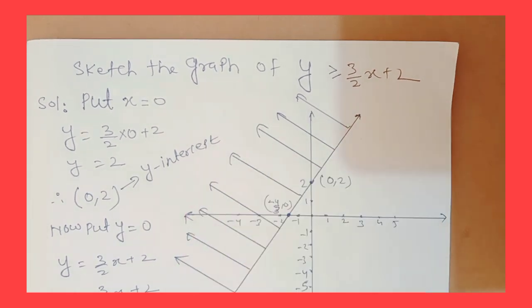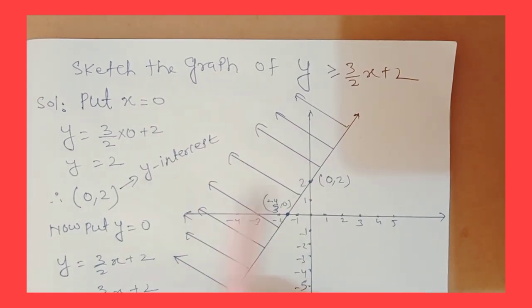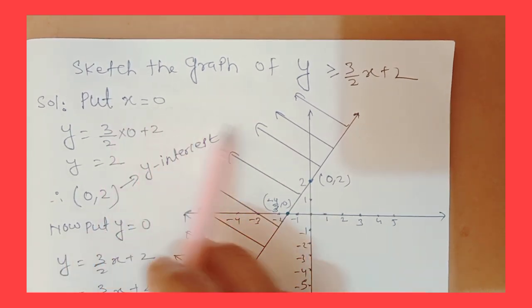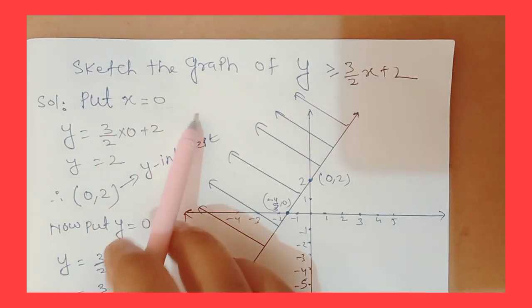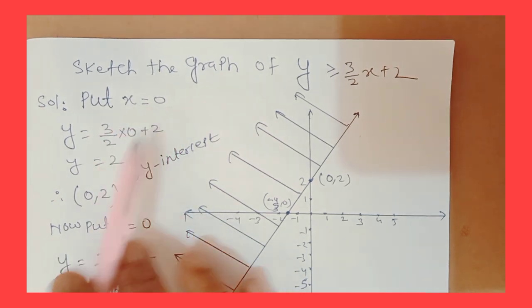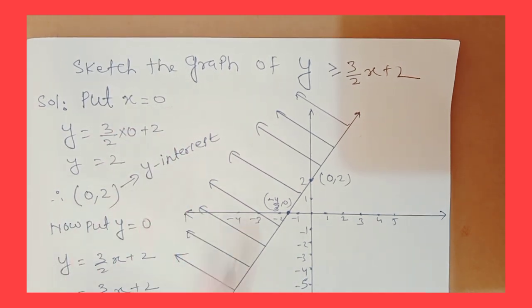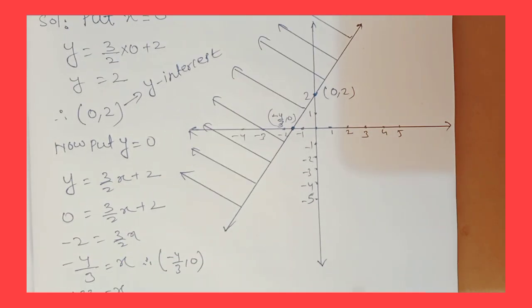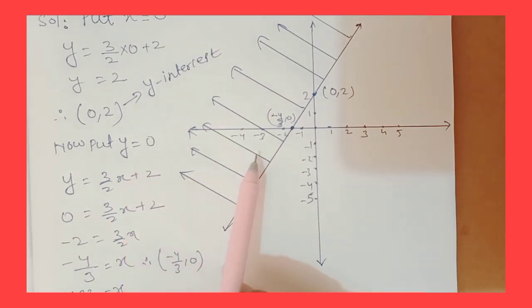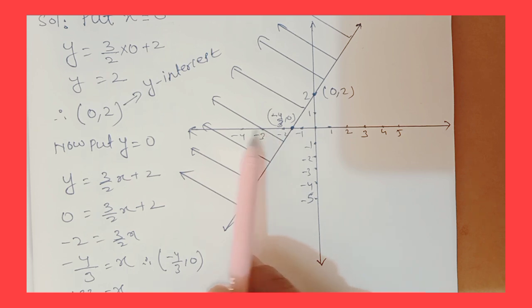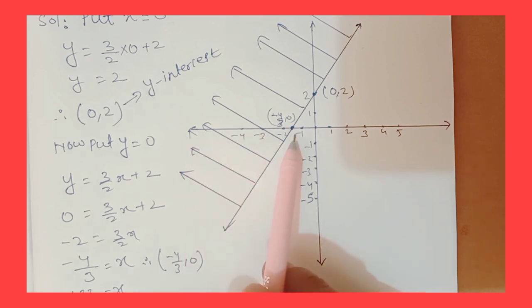To get it, we put x equal to 0, since on the y-axis x is always 0. After putting x equal to 0, we get y equal to 2, so 0 comma 2 is the y-intercept.